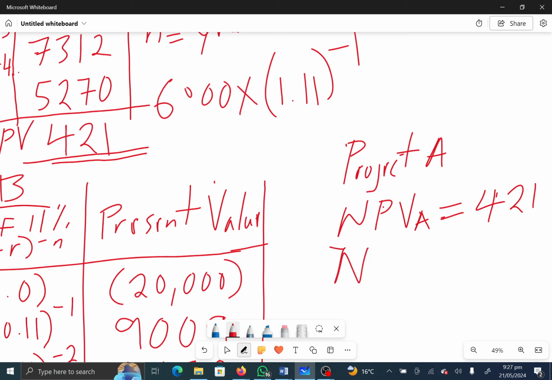Then NPV for project B is equal to 1,119.